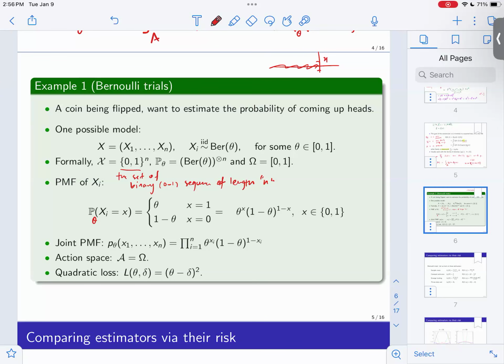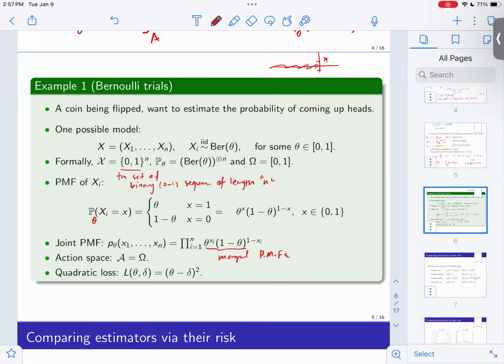Okay. So this defines the PMF, and the joint PMF is going to be the product of these because of the independence. So P theta of x1 up to xn is going to be the product of these marginal PMFs for the x_i. Then I take a product because they're independent, so that's the joint.